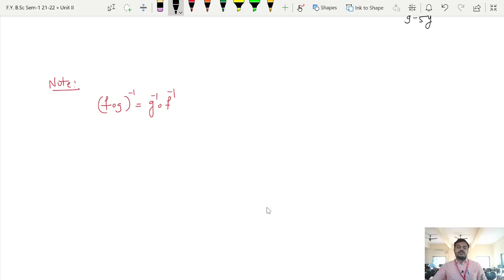If we need to find the inverse of a composition function, that is f composition g, suppose f is a function from A to B, and g is a function from B to A, then we know that f composition g will be a function from B to B that will exist, and the inverse of that f composition g is given by g inverse composition f inverse.